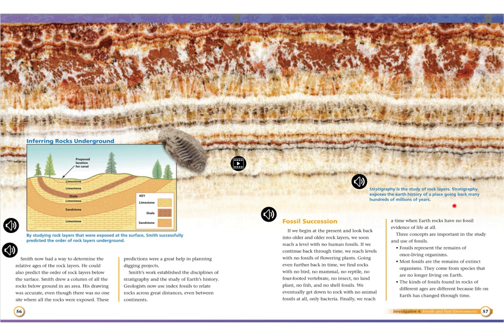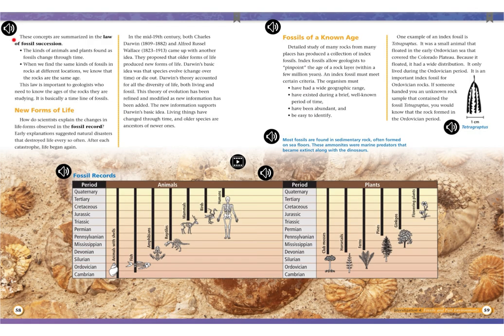Stratigraphy is the study of rock layers. Stratigraphy exposes the Earth history of a place going back many hundreds of millions of years. These three concepts are summarized in the law of fossil succession. The kinds of animals and plants found as fossils change through time.